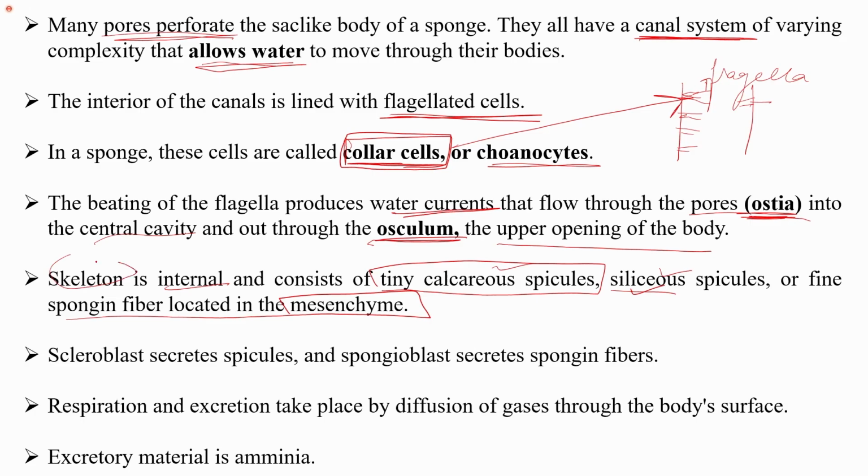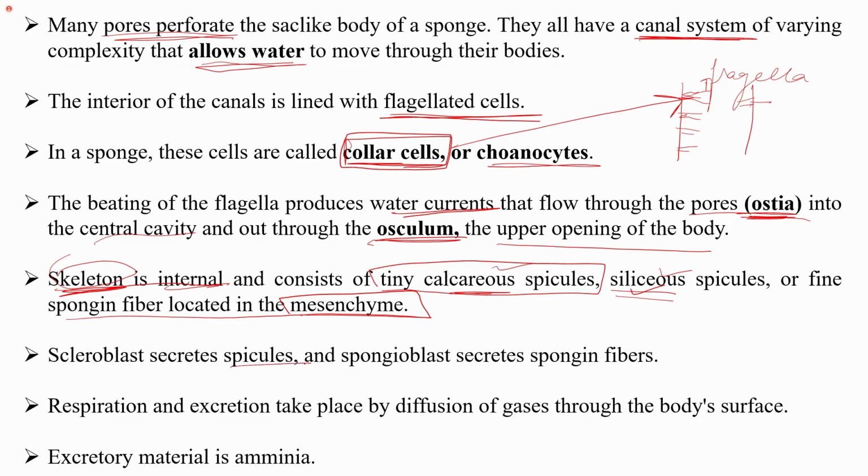These spicules provide support to the body.